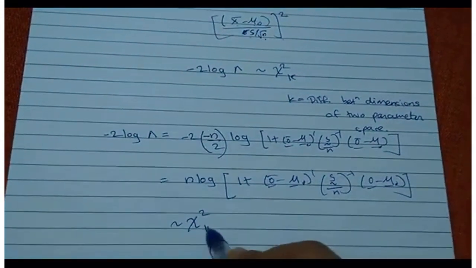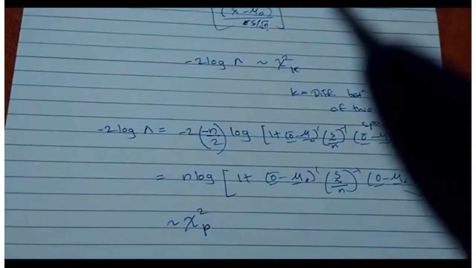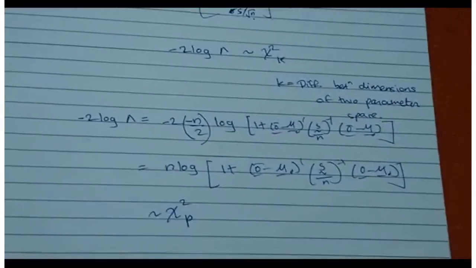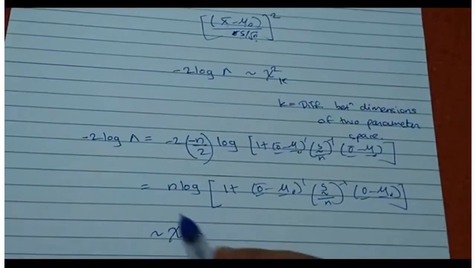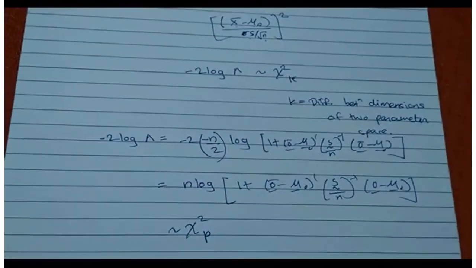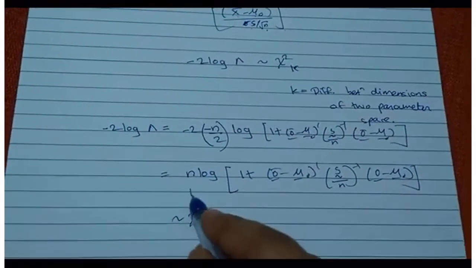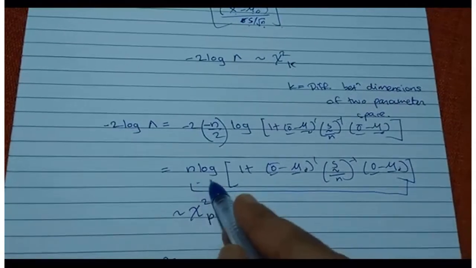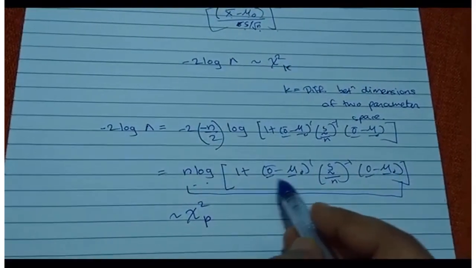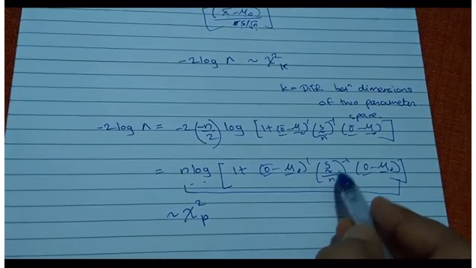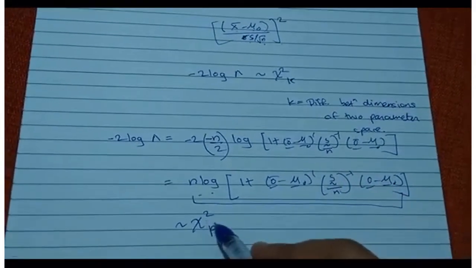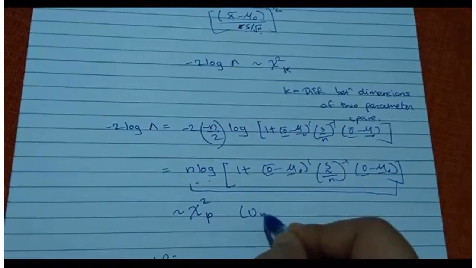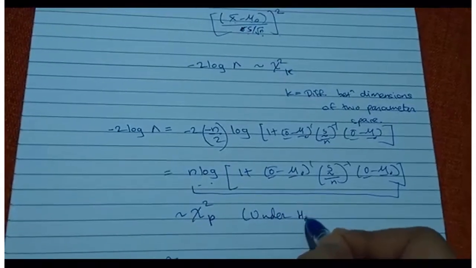So I am left with additional p unknowns which were present in mu hat under the overall setup. So this becomes chi-square with p degrees of freedom. So my likelihood ratio test statistic is actually this: n times log of 1 plus O bar minus mu naught prime S by N inverse O bar minus mu naught, and we would say under H naught its distribution is chi-square p.